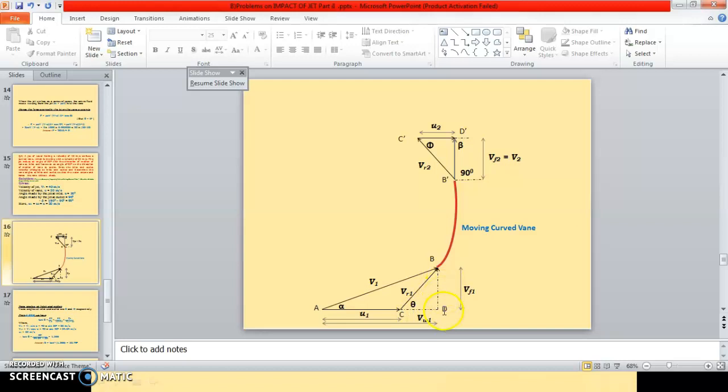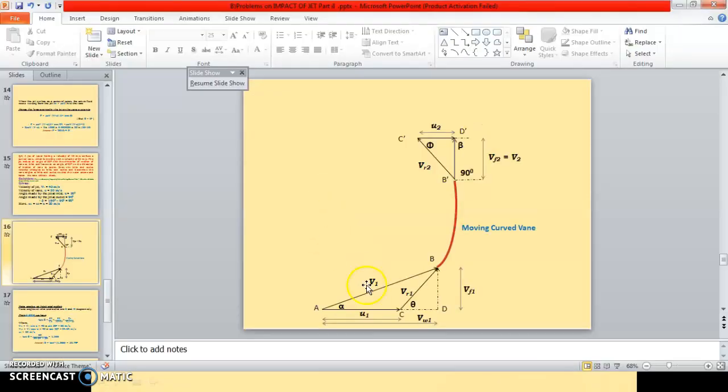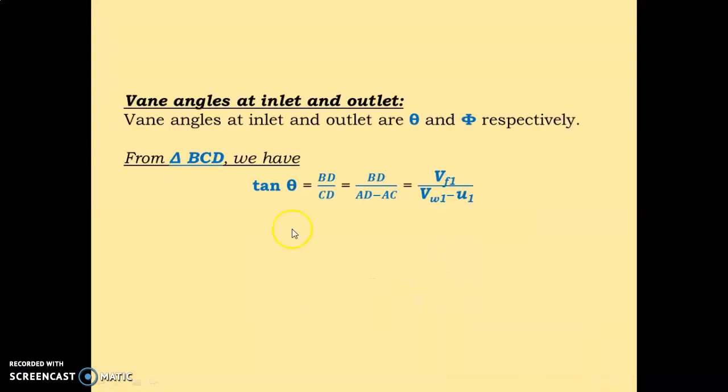It will be BD upon CD, but we know CD is equal to total AD minus AC. Now what is AD? It is velocity of whirl at inlet, VW1, and what is AC? It is U1, or velocity of the plate at inlet.